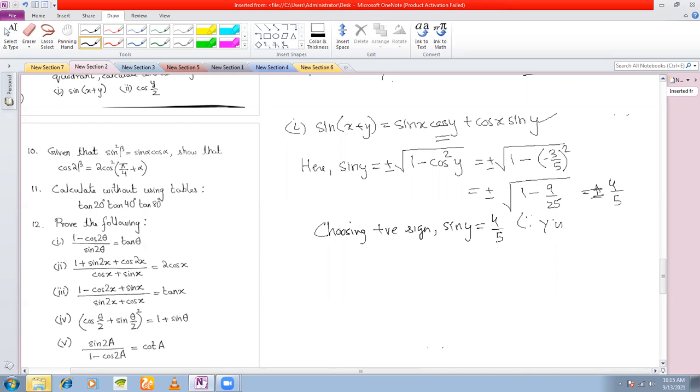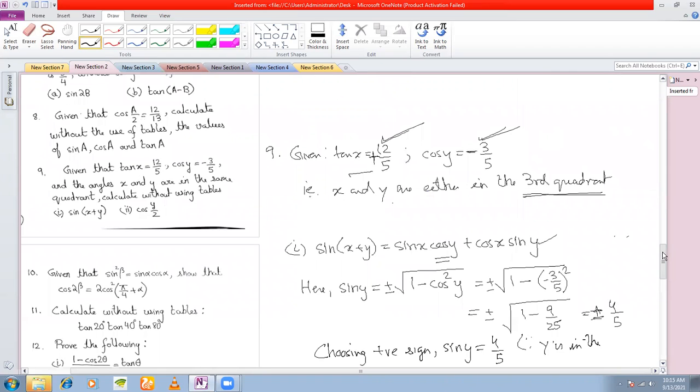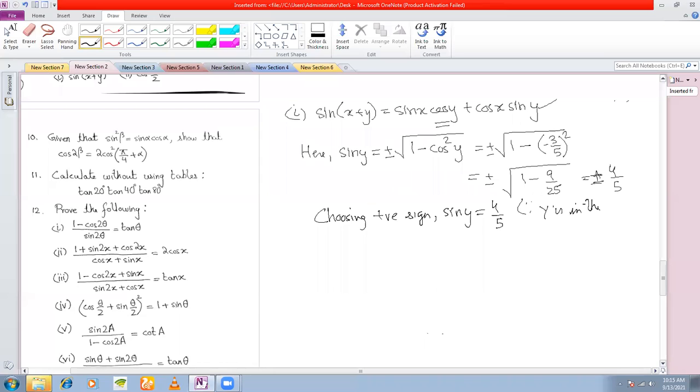Since y is in the third quadrant, we choose the negative sign, because sine is negative in the third quadrant. Therefore, you will write choosing negative sign in the third quadrant.